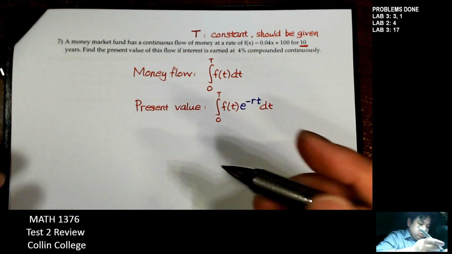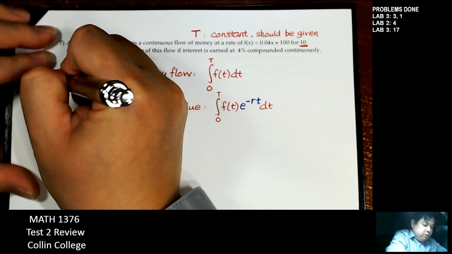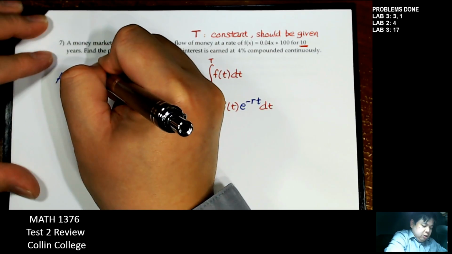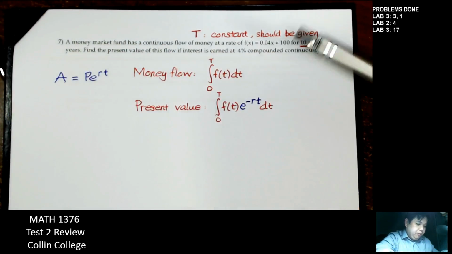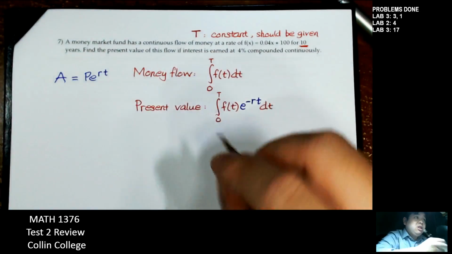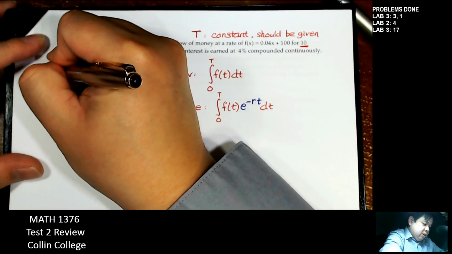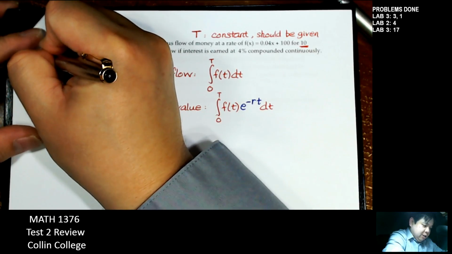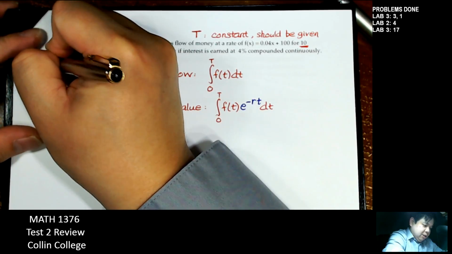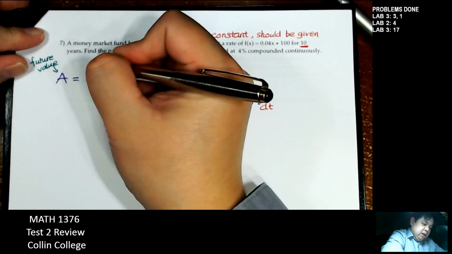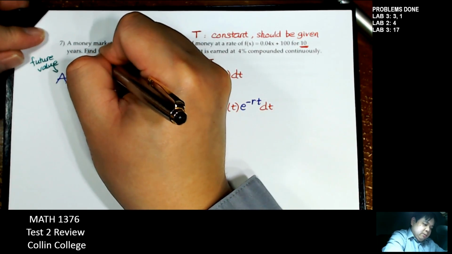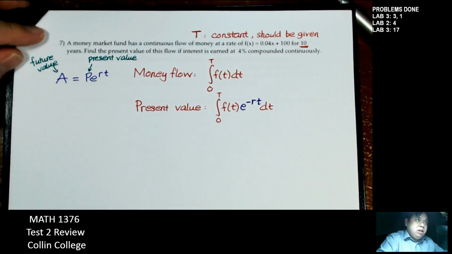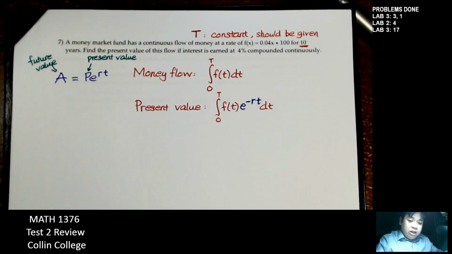The reason for that is, let me just write a little note here. Future value A equals P e to the rt. So we denote something here. A is the future value or accumulated value, P is the present value, r is the rate, and t is time. So that's one clear.